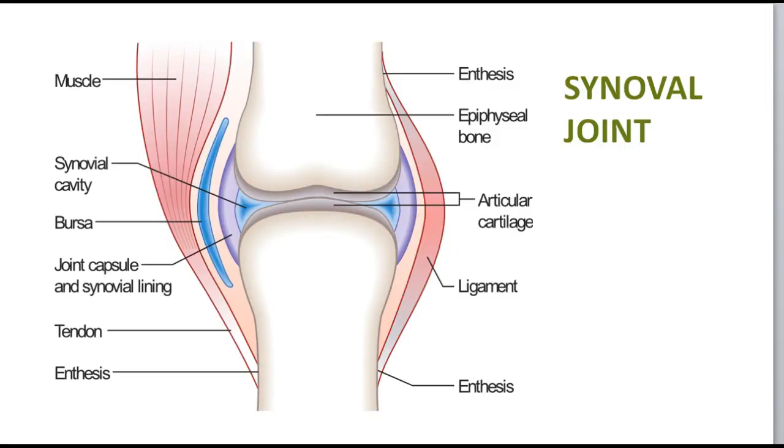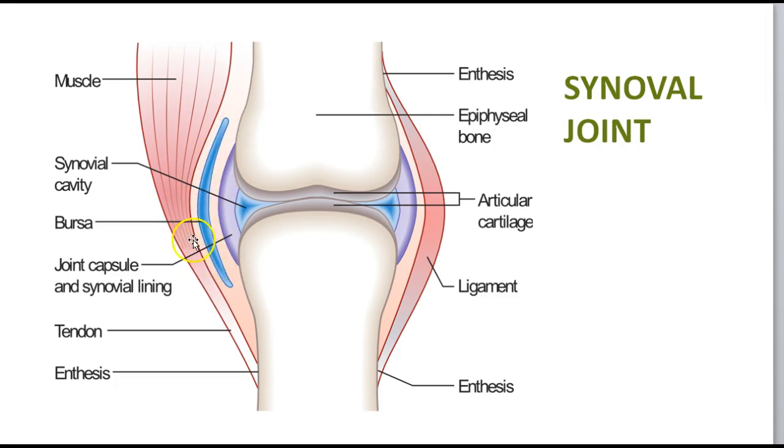Okay, so we'll look a little bit deeper into our synovial joint here. And again, we've got our muscle, belly of the muscle being up here, and we've got the tendon, which is attached to the bone. We've got the synovial cavity here, and we've got the bursa. Now the bursa's got a huge job of protecting this knee joint.